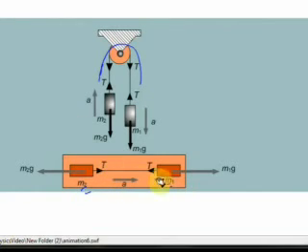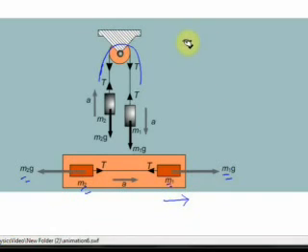So the net force acting on the system is m1g, which is the weight of the block of mass m1, and m2g, which is the weight of the block of mass m2. Suppose the block m1 is coming down, so this is the direction of acceleration a.